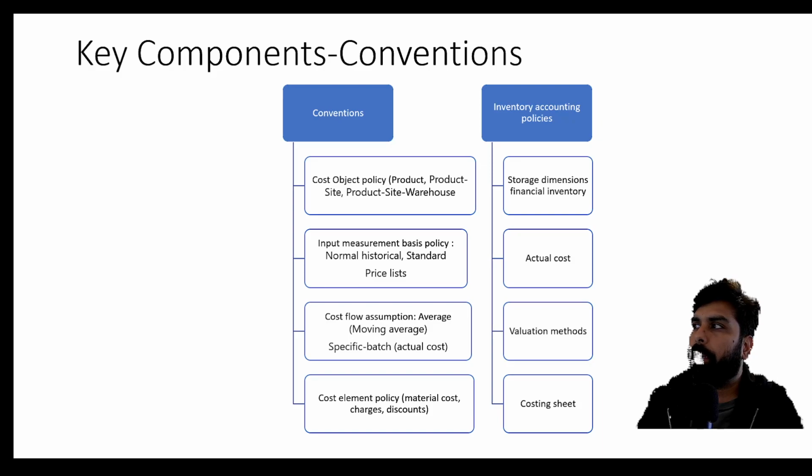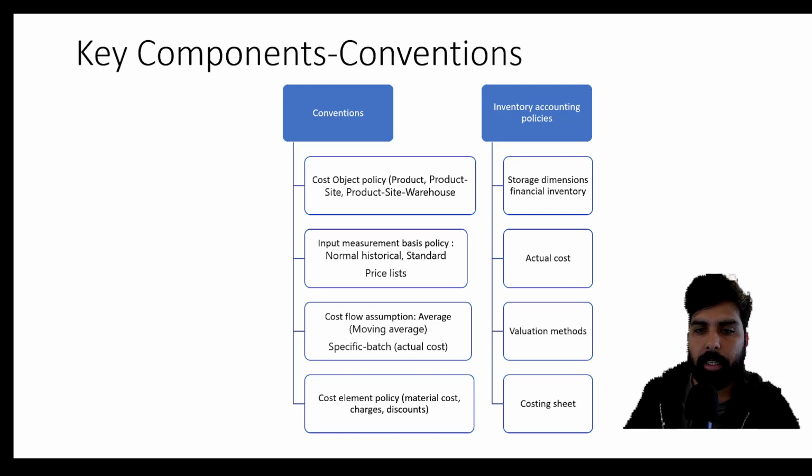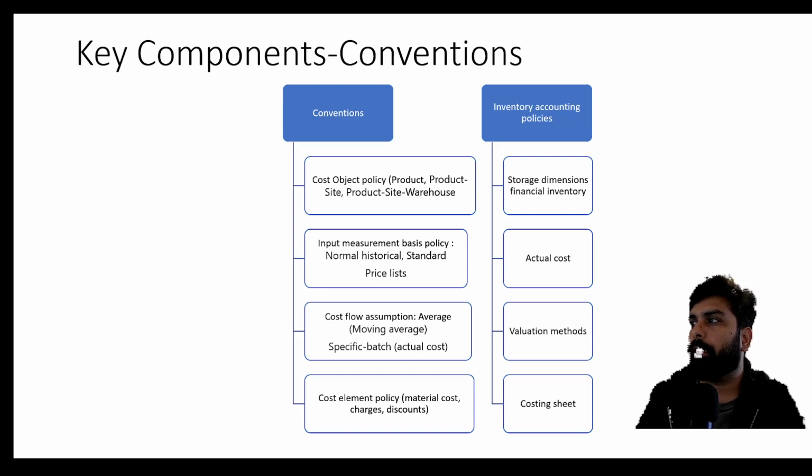You can define at a product, site and warehouse level, which is similar to the financial inventory tracking or the storage dimension which we define in our D365 inventory policies. It means how I want to track my inventory valuation: do I want to track at a product level, or at a product plus site combination, or do I want to go down to the warehouse level? So it is similar to the storage dimension, the financial inventory tracking which we have in D365.